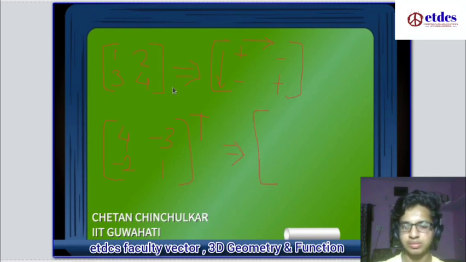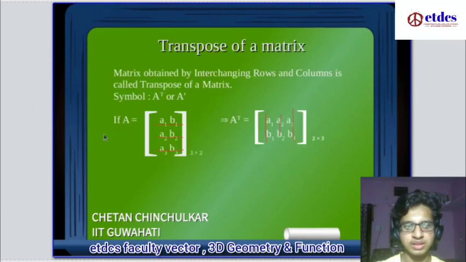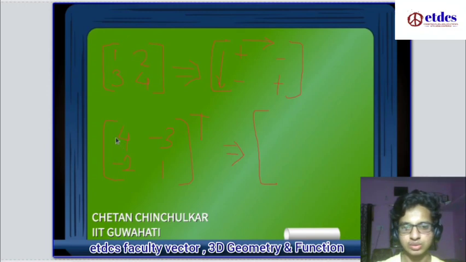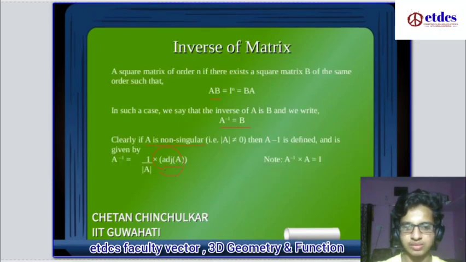For transpose we learned that rows are interchanged with columns, so the first row, 4 and minus 3, will become the first column, and the second row becomes the second column, minus 2, 1. After doing the transpose, this is the adjoint of A.